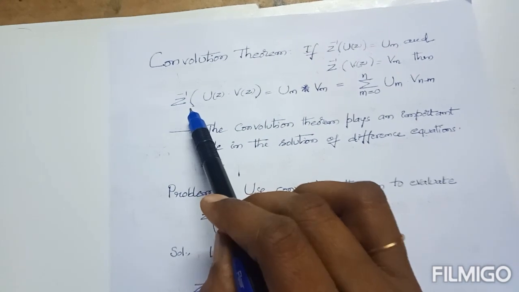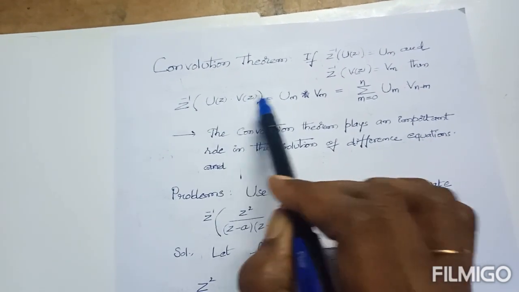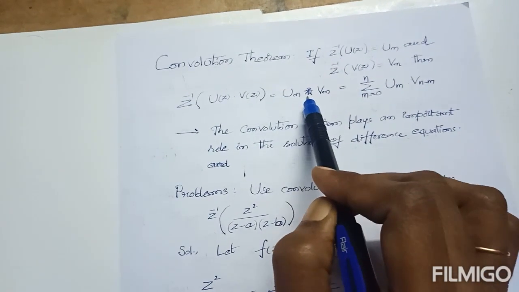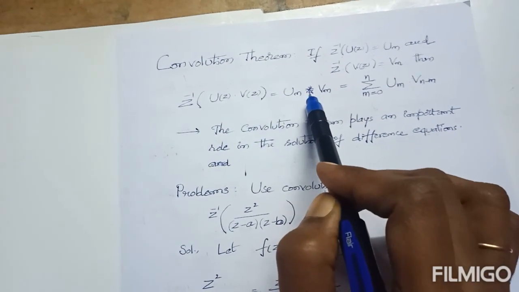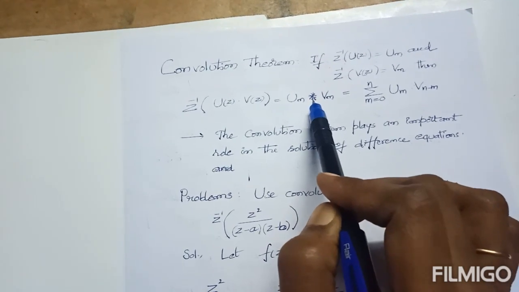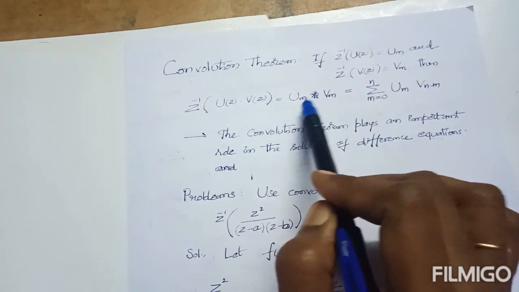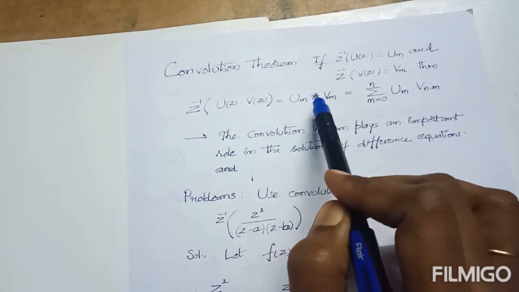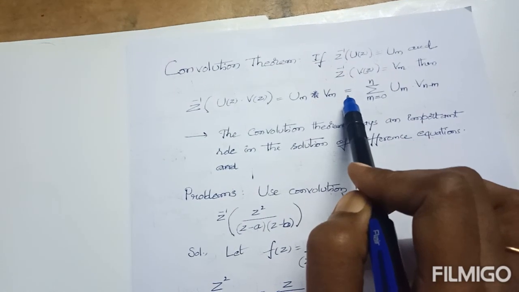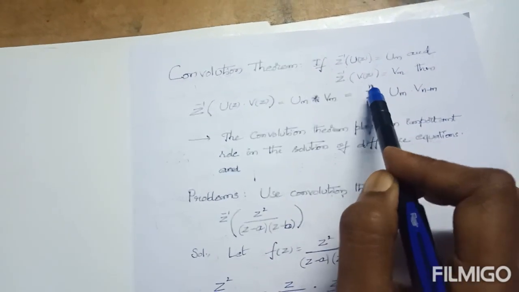Now z inverse operated on the product of two functions, both defined in terms of z, gives u(n) star v(n), where star is the convolution operator. Convolution is nothing but a product between two functions u(n) and v(n), both defined in terms of n. The star product expansion is the summation of m equals 0 to n.